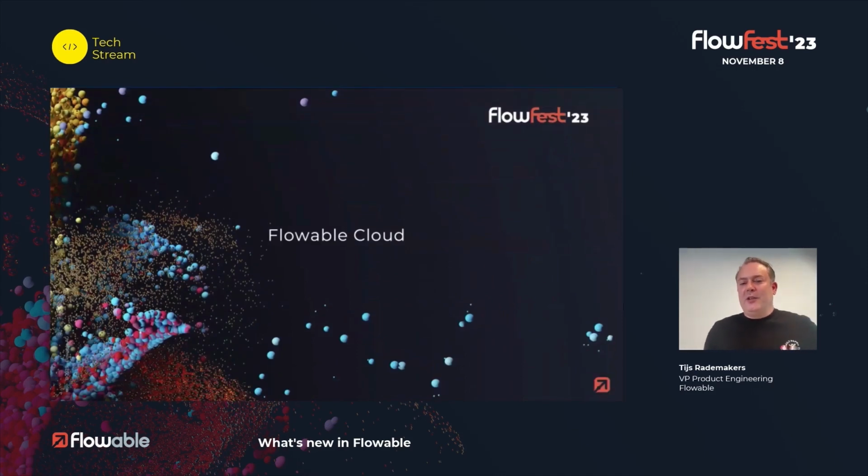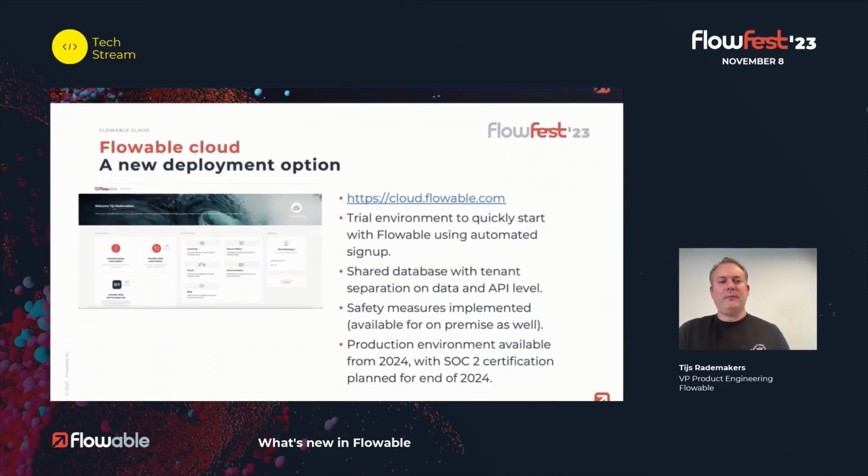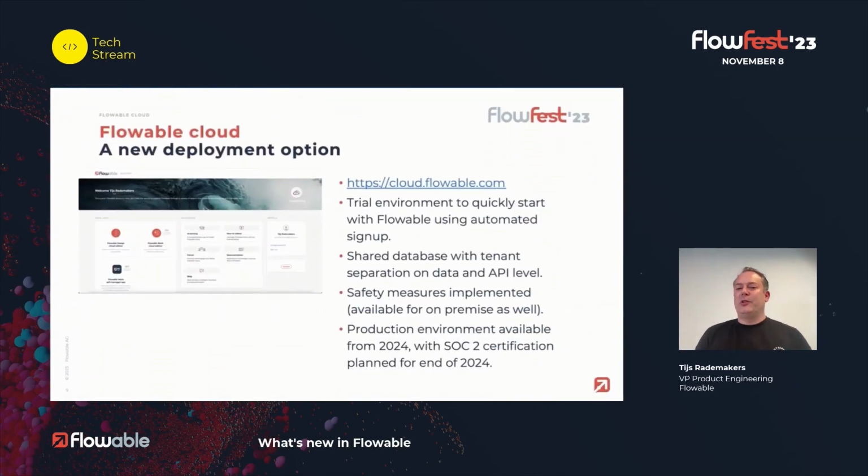So we already talked a little bit about Flowable Cloud, so let's go into that topic. So Flowable Cloud, if you go to cloud.flowable.com, you can immediately start using Flowable Cloud. So we really see it as a new deployment option in addition to our on-premise software.